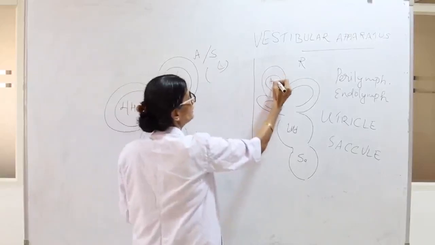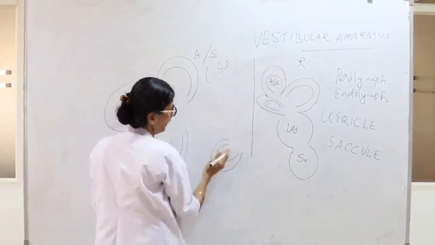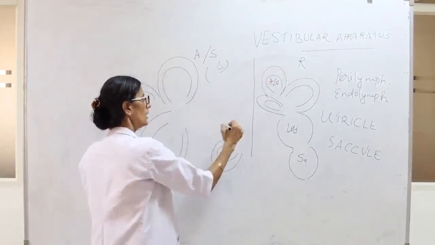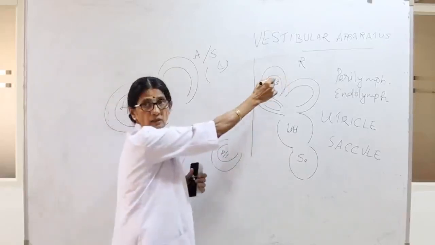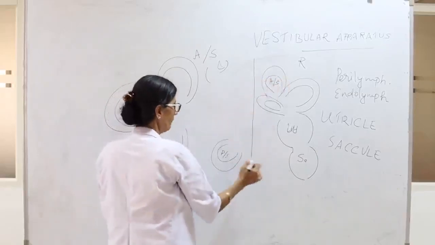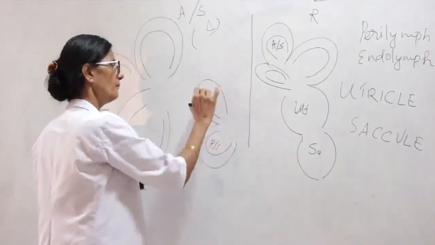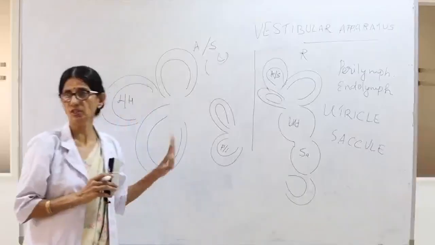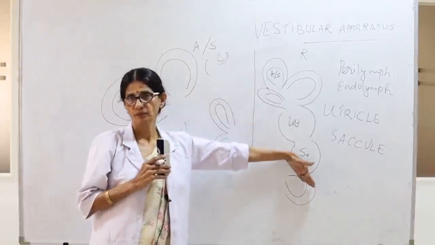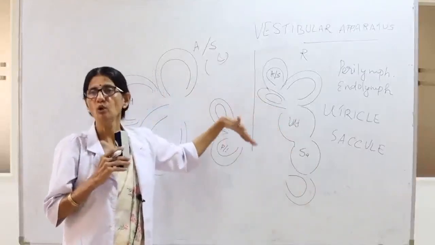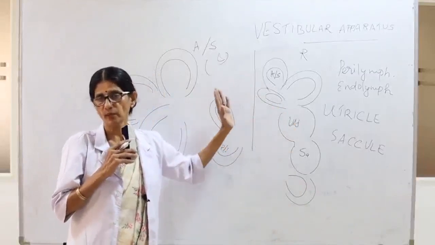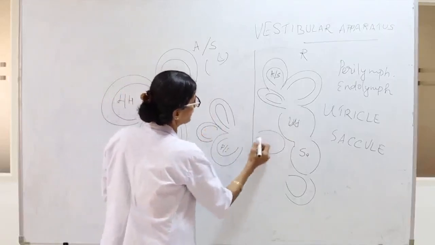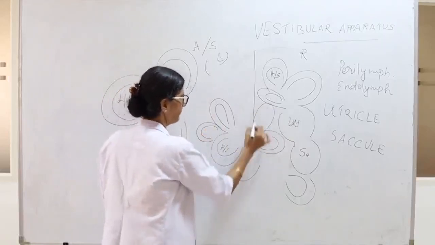Similarly, the anterior on the left is in plane with the posterior of the right side. Is it clear? So they are in the same plane. This is specially mentioned because they always function together, not on one side. Here again, the lateral or horizontal canals will be in the same plane. So this is how it looks.